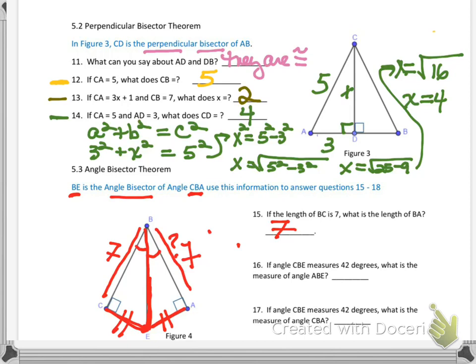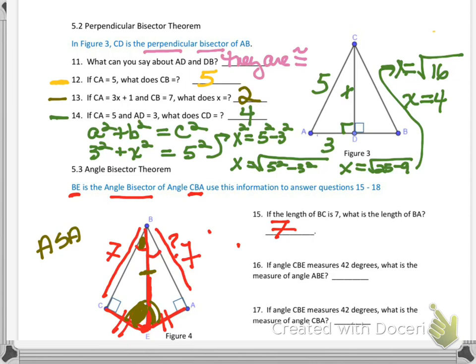You can end up proving that if the red angles are equal and I have right angles, then because there's 180 degrees in a triangle, these angles must also be equal. Okay, so this is how the theorem is building. So by angle, side, angle, I can prove I have two congruent triangles. Once I have two congruent triangles, all the corresponding sides are equal, and that is why CB equals BA.